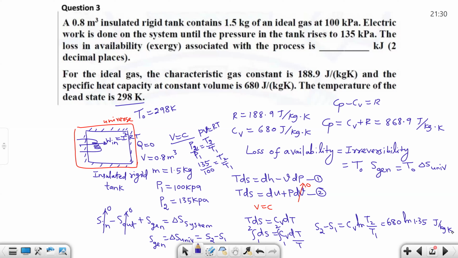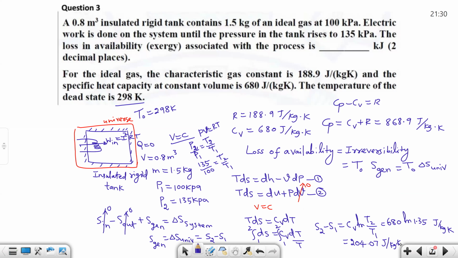Okay, we want it in kilojoule, so let us come back to that. This will be 680 into ln 1.35, which is 204.07 joule per kilogram Kelvin.